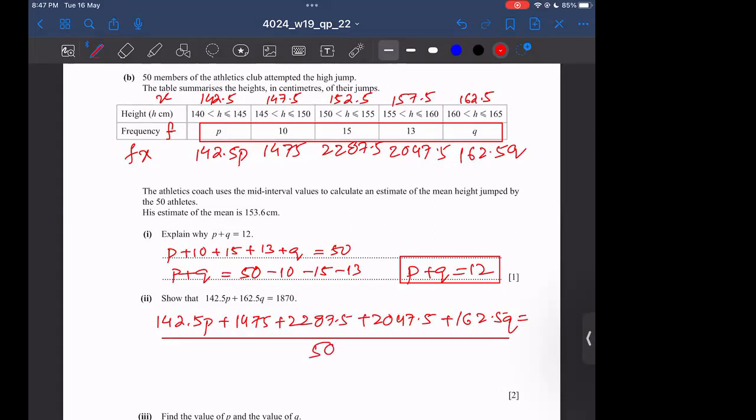Sum of fx divided by sum of f, this is the mean formula. This is equal to the mean, 153.6. So 153.6 multiplied by 50 is 7680.